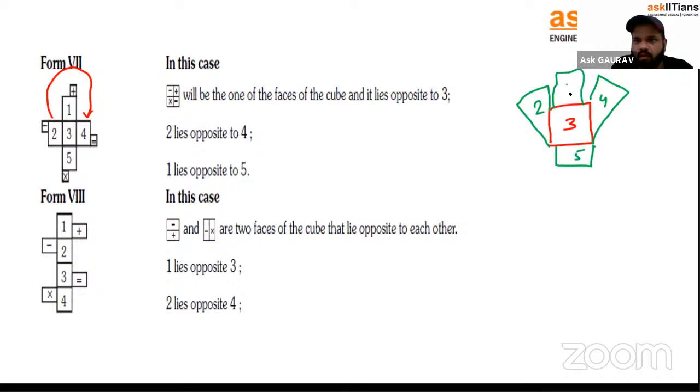If we just make them flip to make a folded box, right? Okay, what will be at the top? Your top will be like this: minus sign here, is equal to sign here, and cross sign here, multiplication sign here, and plus sign here. These all small boxes will make one face which will be opposite to 3. Is it clear? Tell me, is it clear or not?